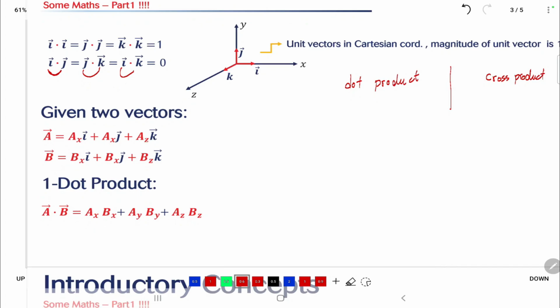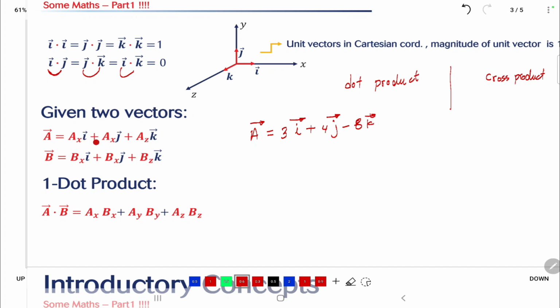Now, I discuss a more general case in which I have A and B. You see, A, the vector A, all these are vectors, but here you see, A sub x is not a vector, this is a quantity. I is a vector. Maybe I can give an example. A, this is a vector, equals A sub x, it is 3, for example, I, it is something like this, 4j, and minus 5, minus 8k.